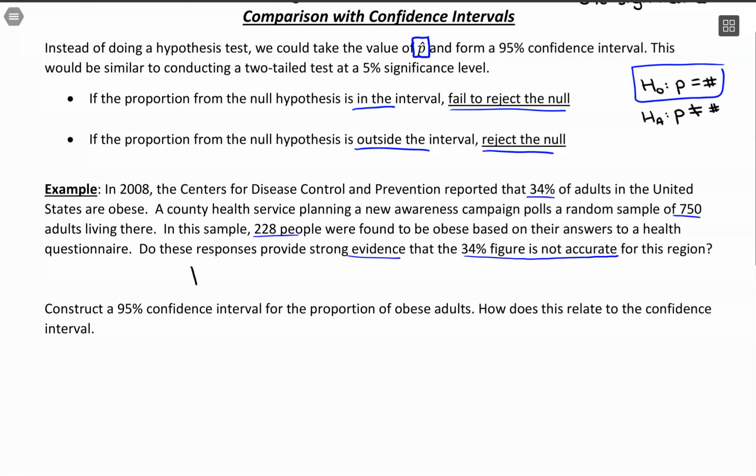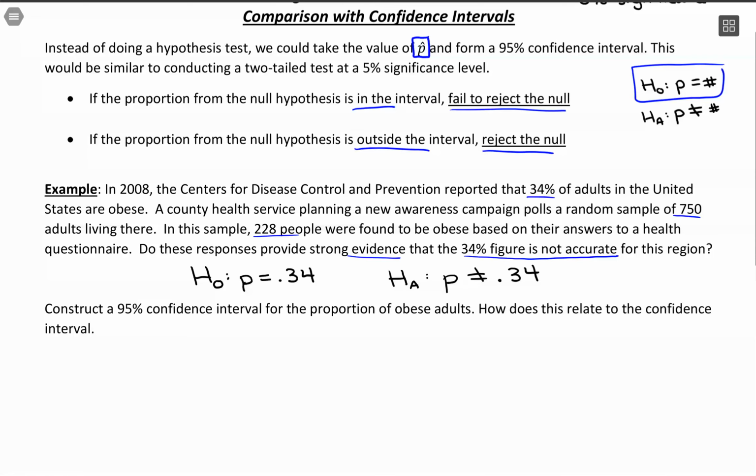Setting up a null and alternative hypothesis here for the proportion in this county that are obese, we would assume it's the same as the rest of the United States, and we want to try to show that it is actually not 34%.